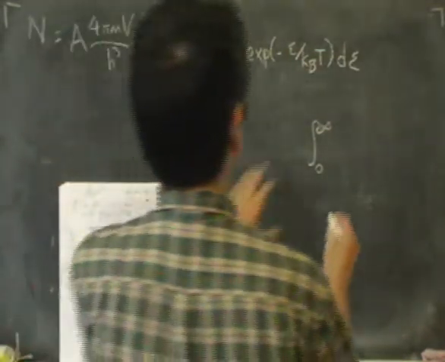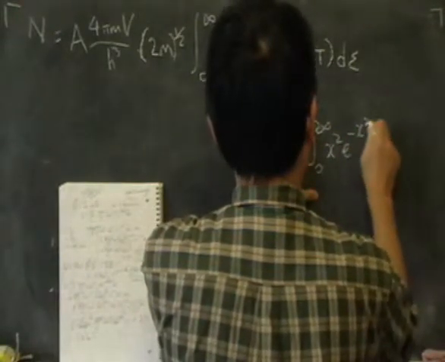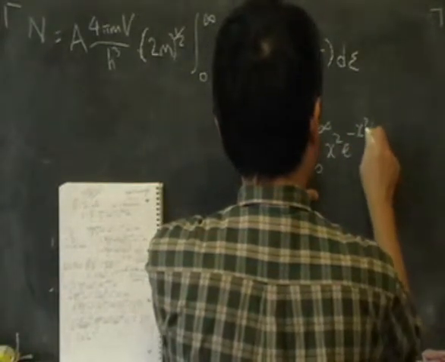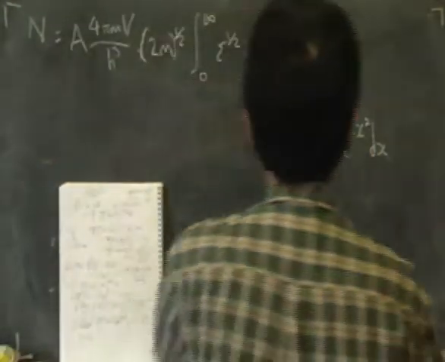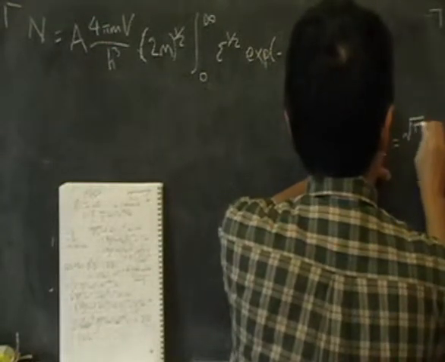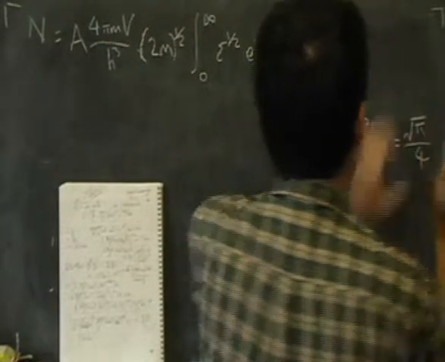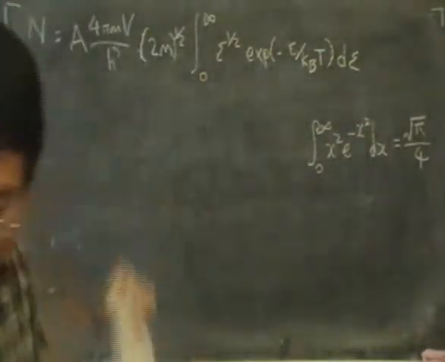Integrate 0 to infinity of x squared e to the minus x squared dx equals root pi over 4. Now this is actually the formula that we need.